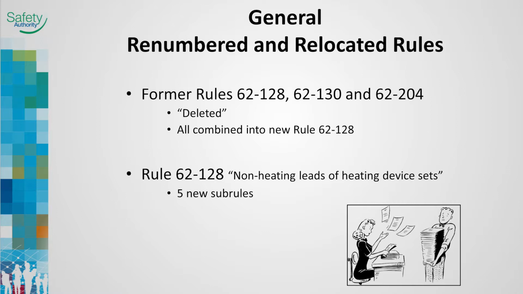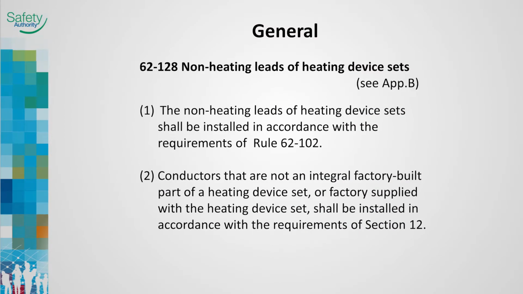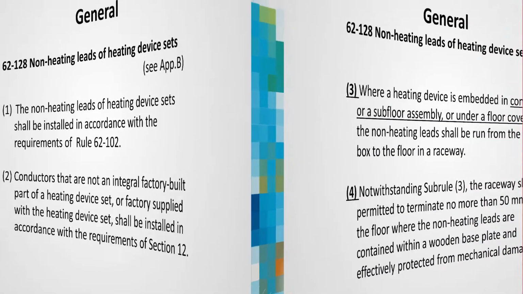Some subrules have been relocated as they fit better under the general section than the section for electric space heating systems. Subrule 1 requires the non-heating leads to be installed in accordance with the manufacturer's instructions. Subrule 2 requires field-installed wiring to the heating device to be installed using Section 12 wiring methods.